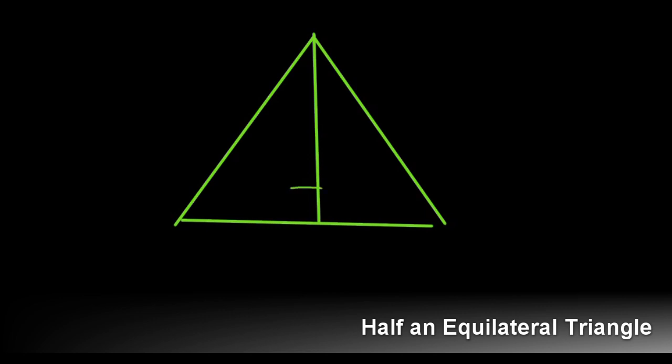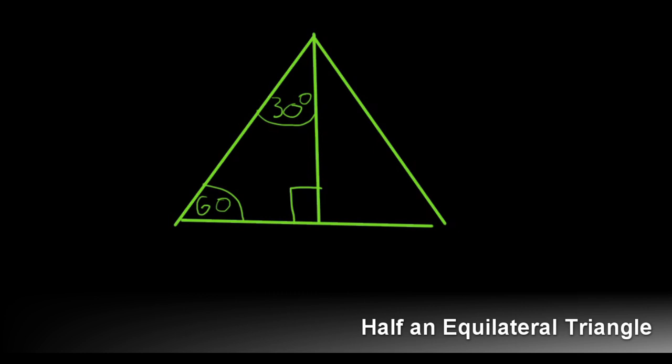And so obviously this angle here will be 90 degrees, this angle here will be 60, and this angle here will be 30. So obviously one way of identifying a half equilateral triangle is through its angles. However, one other way you need to be able to identify a half equilateral triangle is by the ratio of the sides.